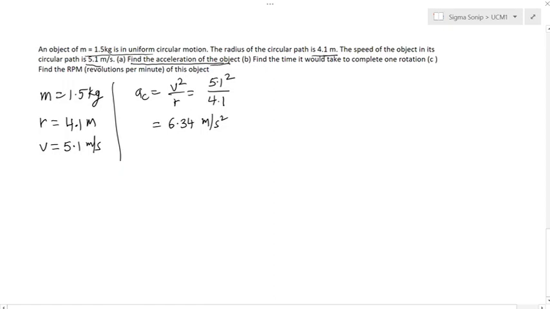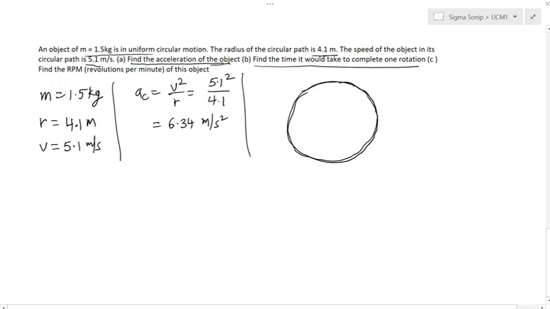Okay, next thing is find the time it would take to complete one rotation. So we need to think like this, suppose this is our circular path. We need to find how long it would take to complete this circular path here. So we are looking at the time to go around this circumference, and the length of the circular path is 2 pi r, which is the circumference of the circle.